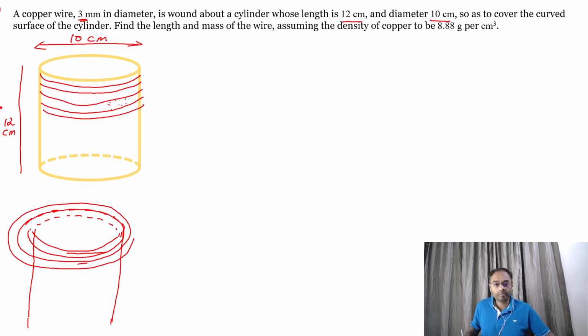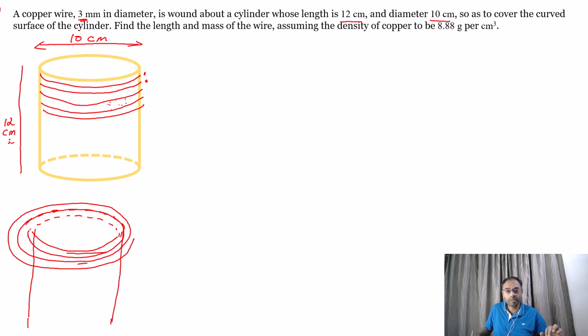Now we know this length of the cylinder is 12 centimeters. For one circle, this particular wire is 3 millimeters in diameter. So effectively, 3 millimeters is one circle, capturing that much width of the cylinder.